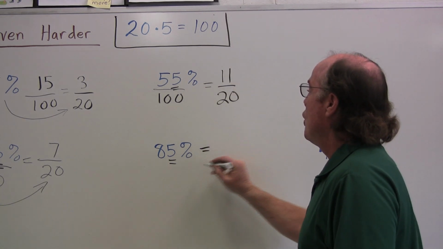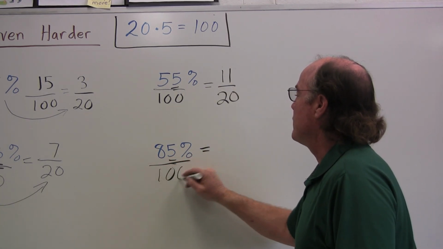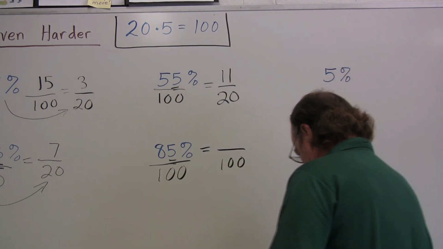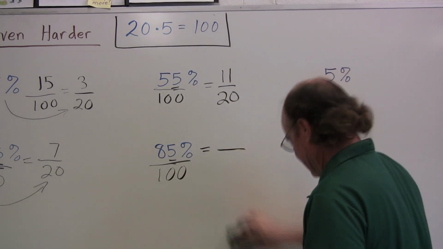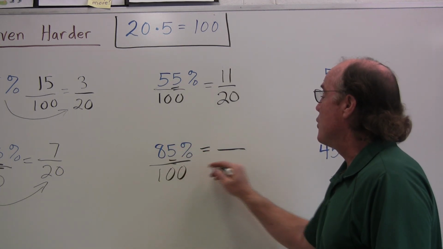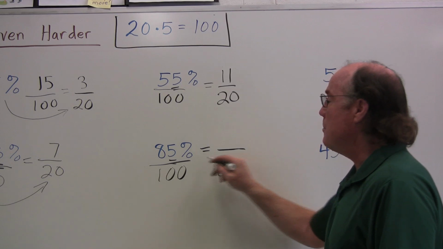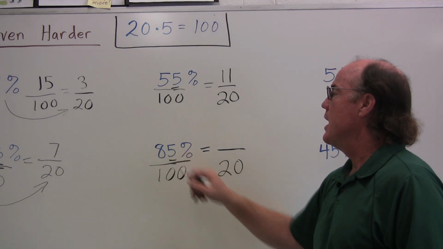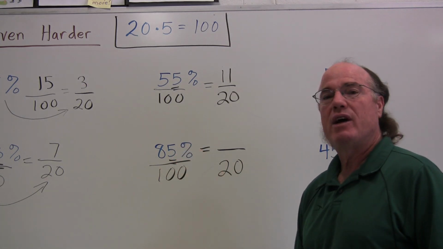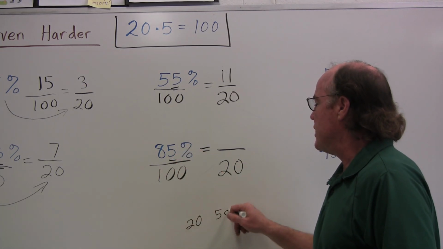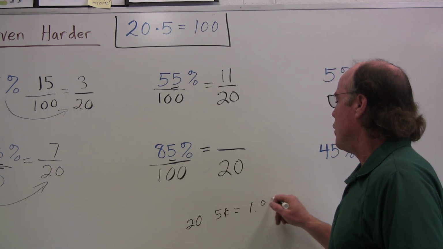85%. Well, 85 over 100. Sorry. Made a mistake. 85 over 100. 5 goes into this, 20. Now most of us have not memorized how many nickels go into 85 cents. But if we say 25-cent pieces is equal to $1.